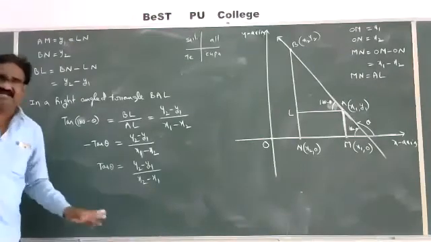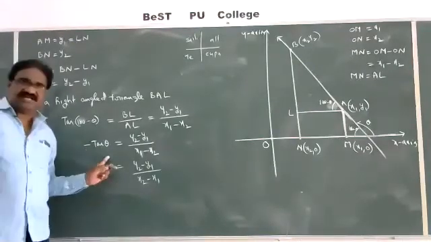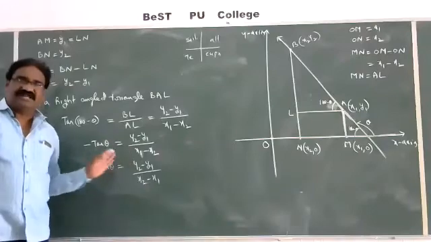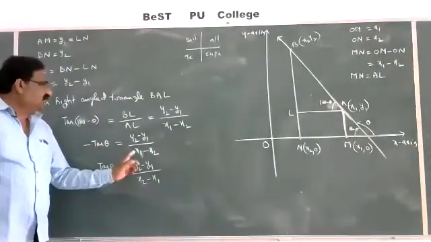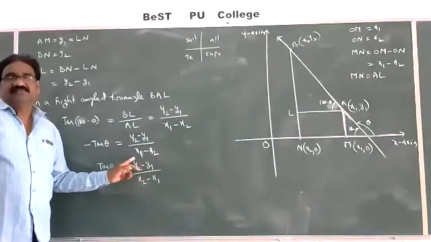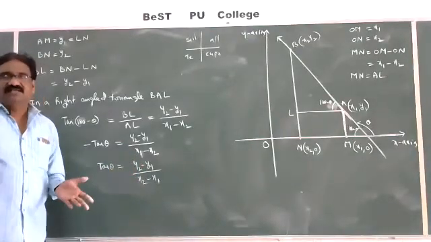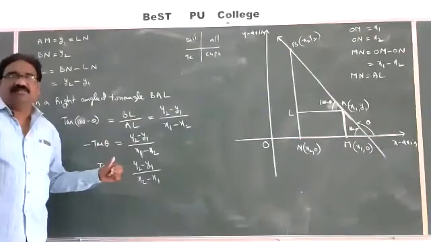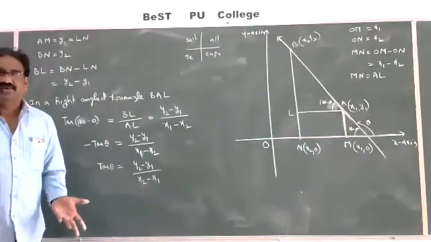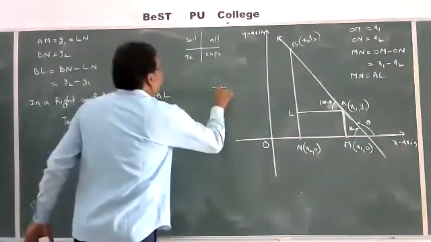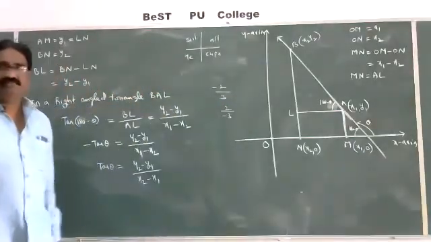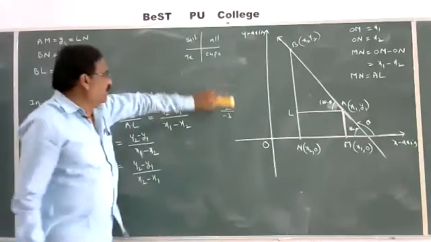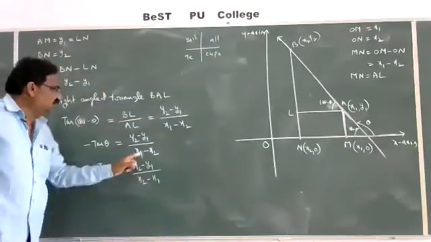We require tan theta, not minus tan theta. If you multiply the minus with the numerator or the denominator, you get the same answer. No change. For example, minus 2 by 3 and 2 by minus 3 are both the same.